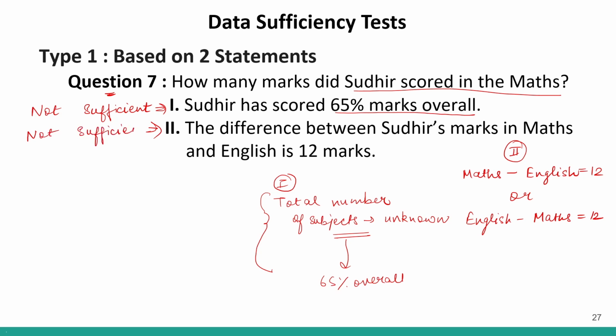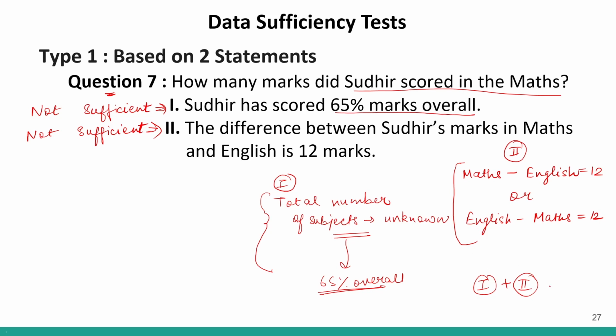Correct? Now, even if I combine the two statements, taking 1 plus 2, I just know his overall percentage is 65. But I don't know how many subjects he has given, how many examinations he has given. Again, in statement 2, it is not clear whether he has scored more in maths or in English.